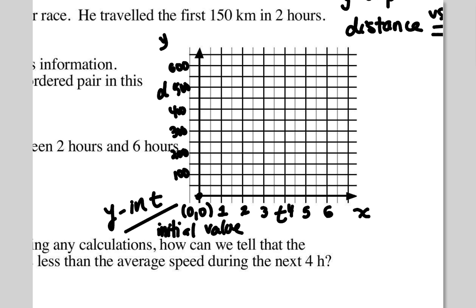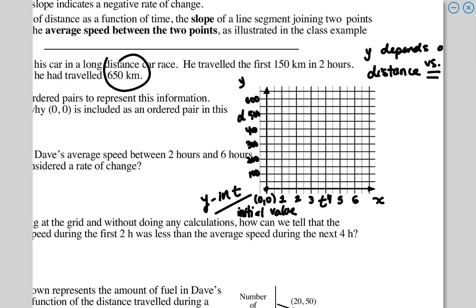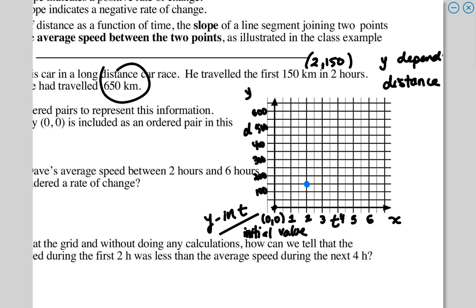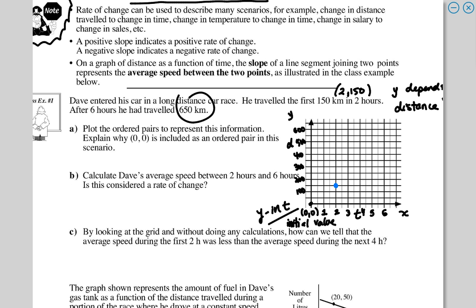Okay, so let's plot the ordered pairs. The first one, this would be 2, 150. Where's that going to be? You go horizontally, find 2, and then you got to go up to 150. So right here, plot that point. Where's the other one? 6, 650.